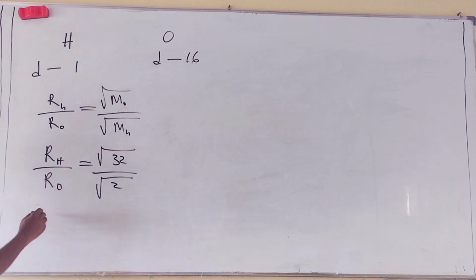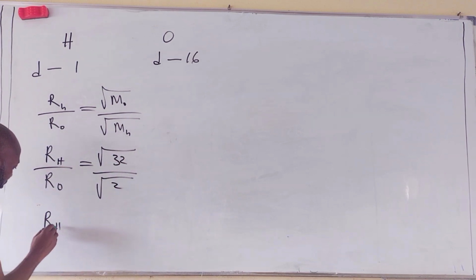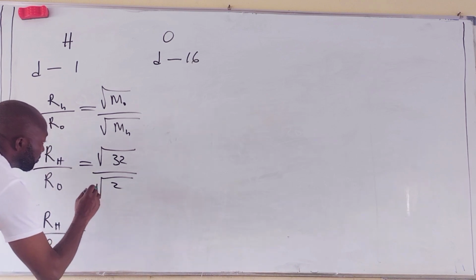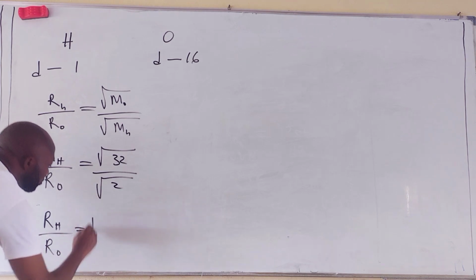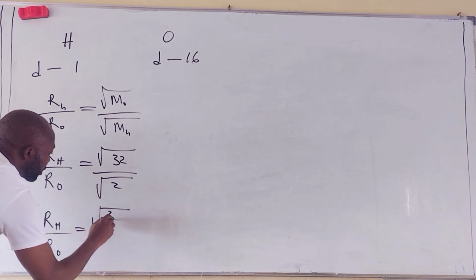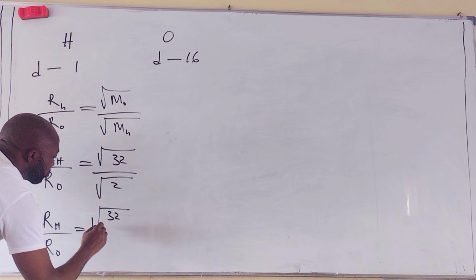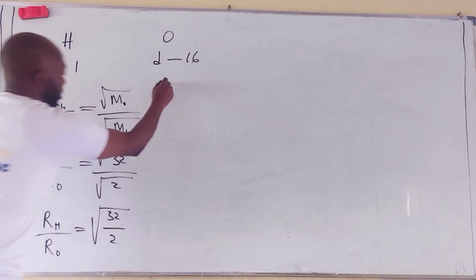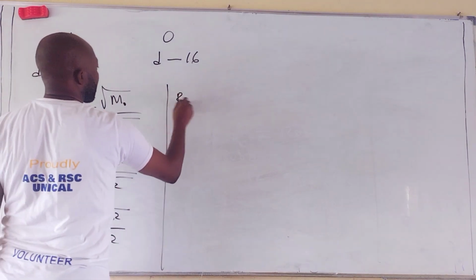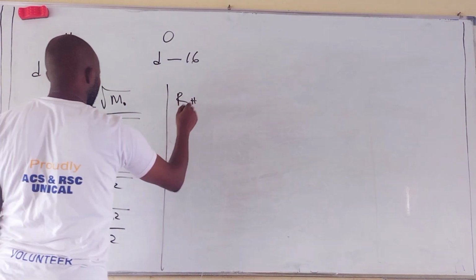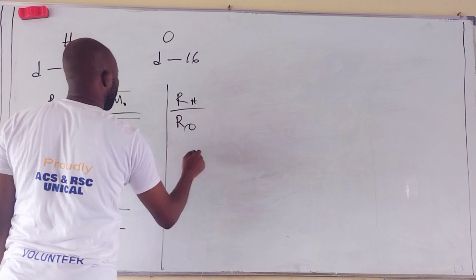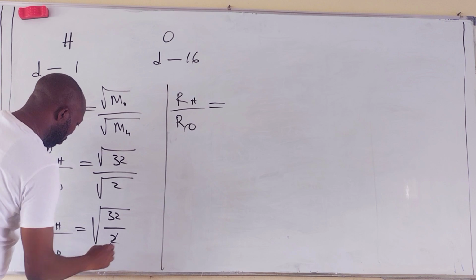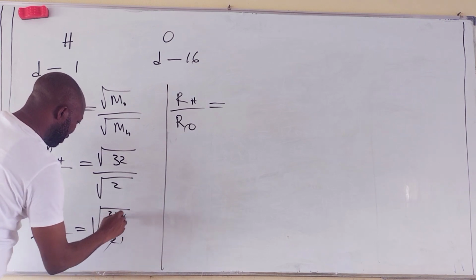So if I come down here, the rate for hydrogen over the rate of oxygen is equal to the root of 32 over 2. This one goes here 1 time, it goes here 16 times.